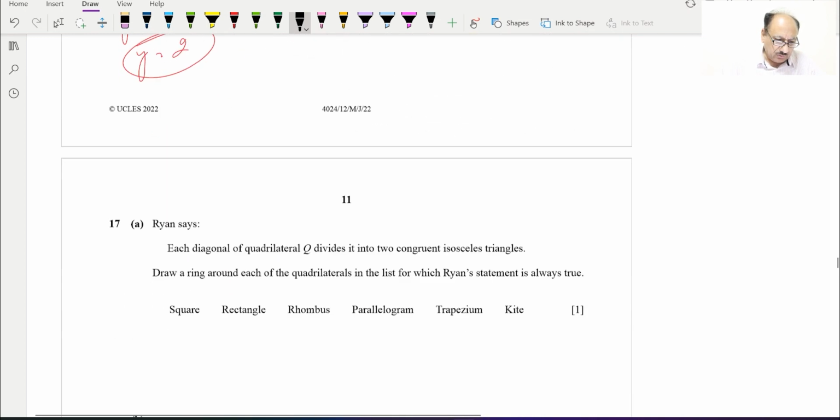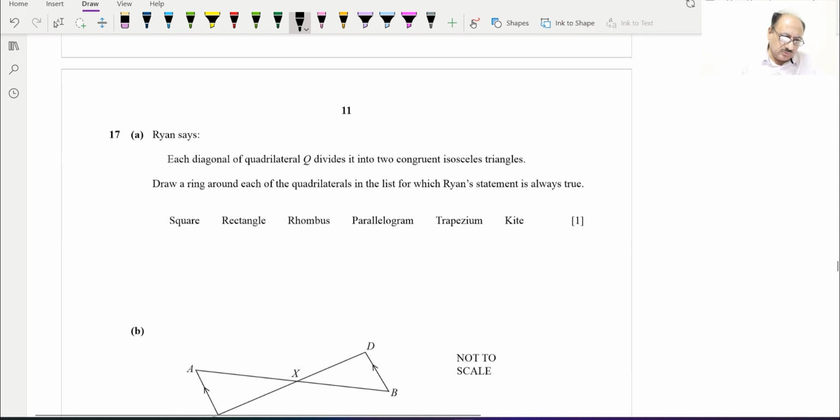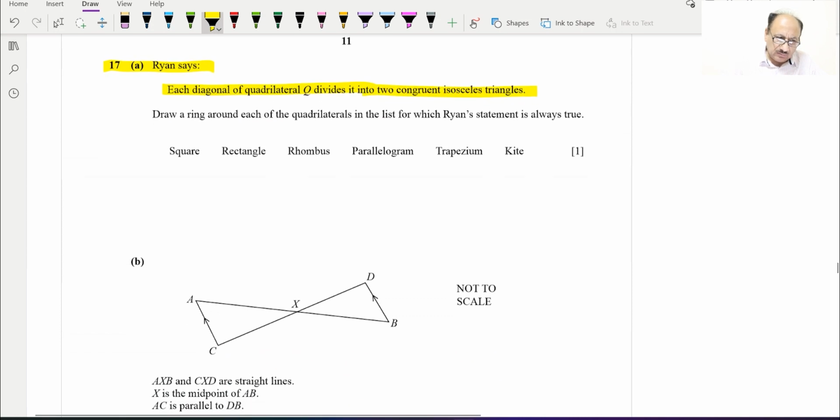Hopefully you understood everything. Now question number 17. Part A: Rayan says each diagonal of an equilateral quadrilateral divides it into two congruent isosceles triangles. Draw a ring around each of the quadrilaterals in the list for which Rayan's statement is always true. So for a square it is basically true because it's always two isosceles triangles, and for a rhombus it is true.